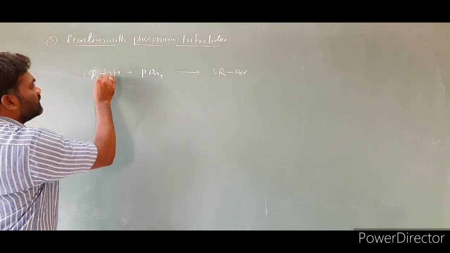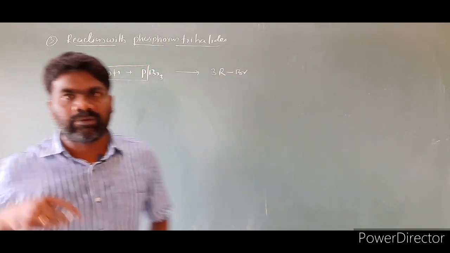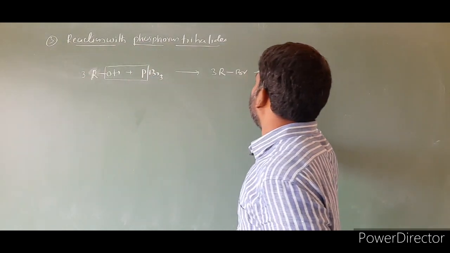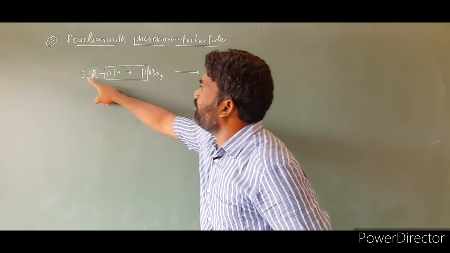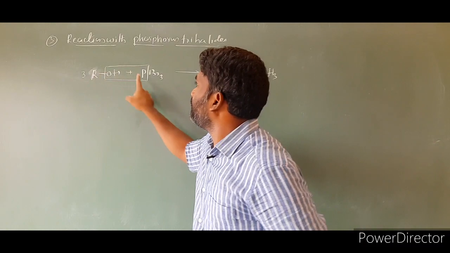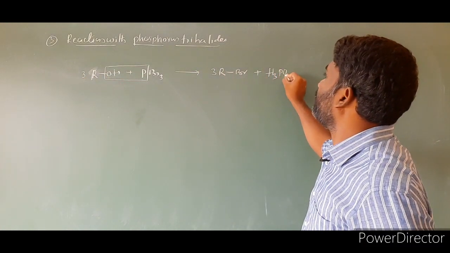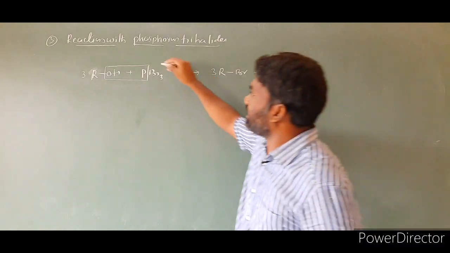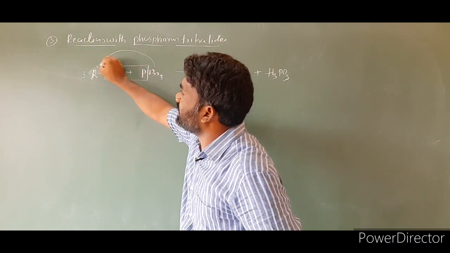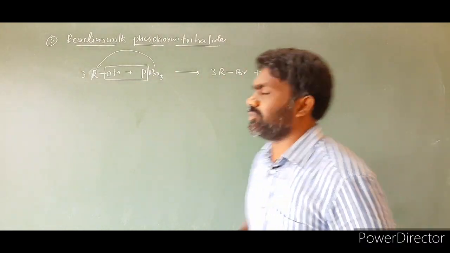Simply, we can take this element as H3PO3 for understanding purposes: 3 hydrogens, H3, and P, 3 oxygens, O3. The bromines attached to the alkyl group R give RBr, which is the product formed in this reaction.